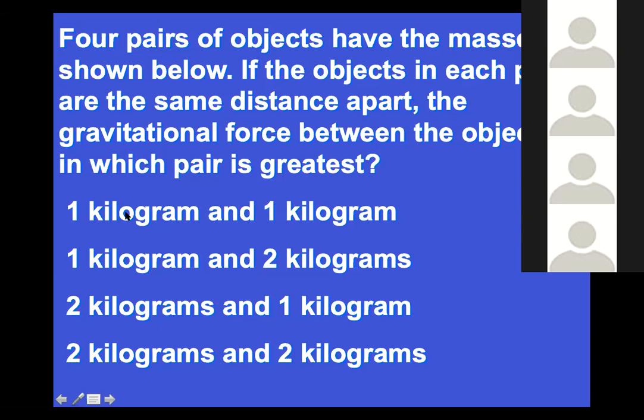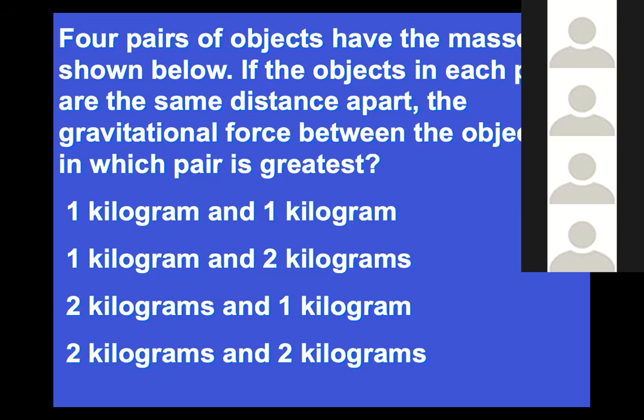Is it between the 1 kilogram and 1 kilogram mass? Is it between the 1 kilogram and 2 kilograms? Between 2 and 1, or between 2 and 2? Remember, if they're the same distance apart. What do you think, John? I think it is 2 kilograms and 2 kilograms. Why?